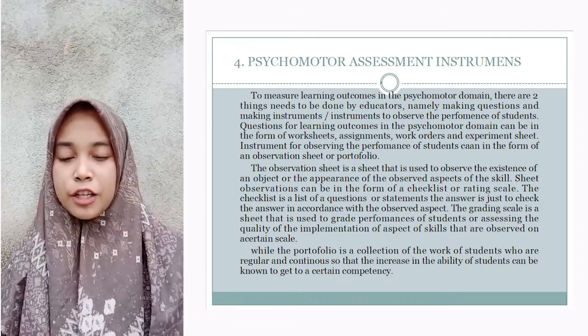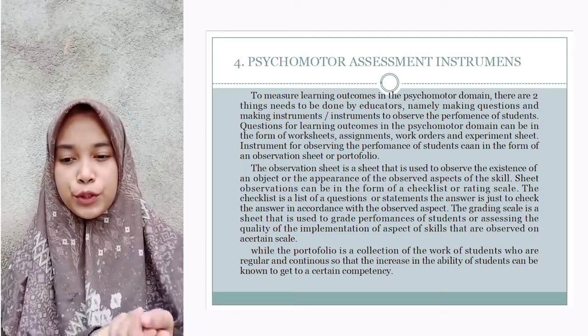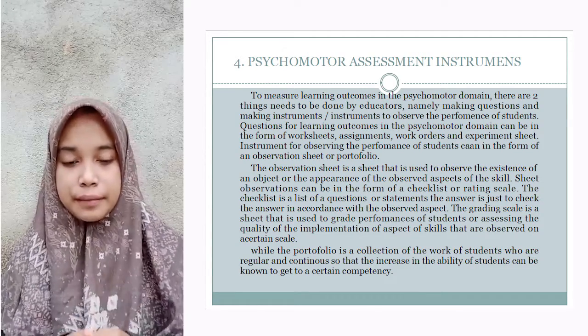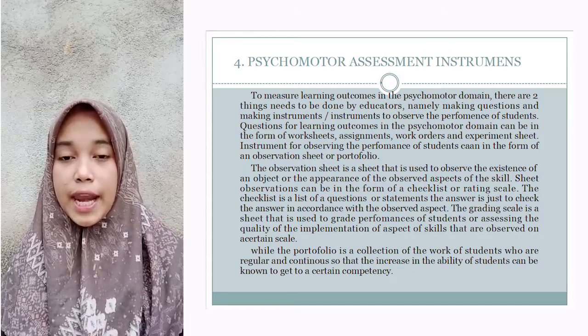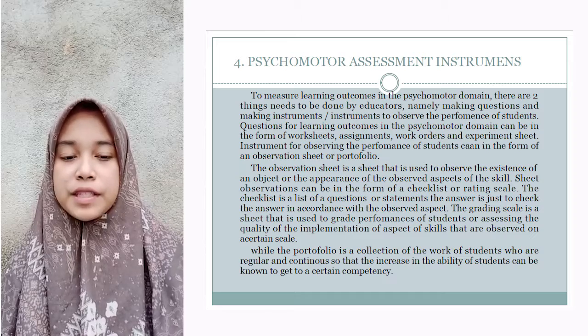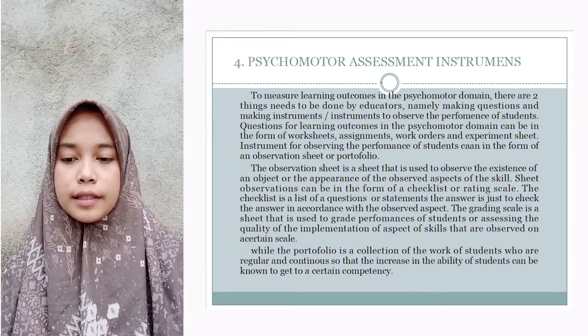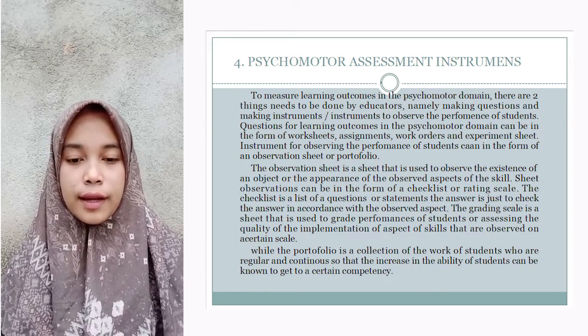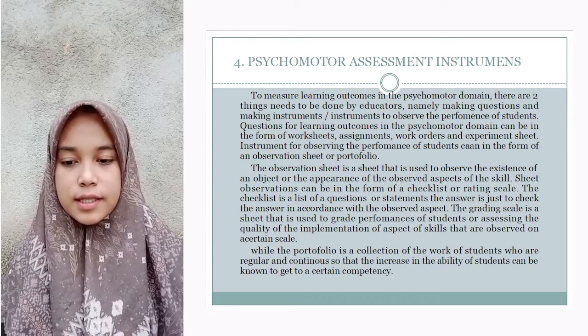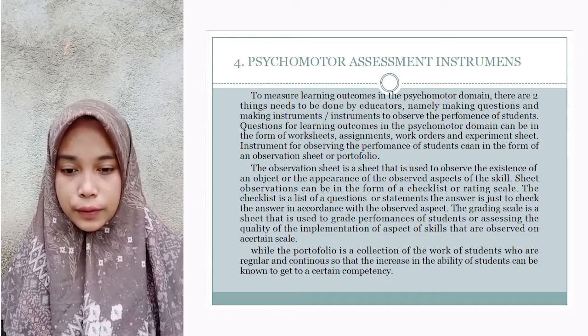Questions for learning outcomes in the psychomotor domain can be in the form of worksheets, assignments, word order, and experiment sheets. Instruments for observing the performance of students can be in the form of an observation sheet or portfolio.